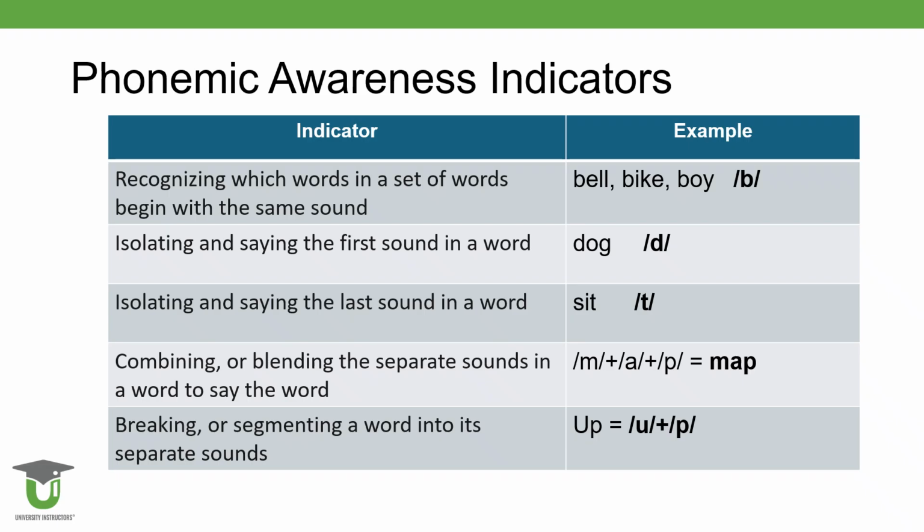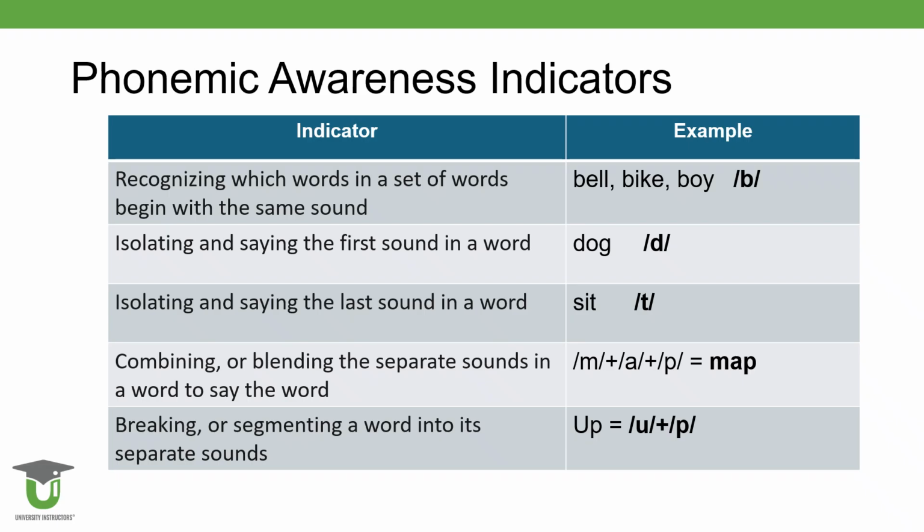Children can show us that they do have phonemic awareness in several ways, including recognizing which words in a set of words begin with the same sound, or the initial sound, sometimes we call it. For example, bell, bike, and boy all begin with the initial /b/ sound.